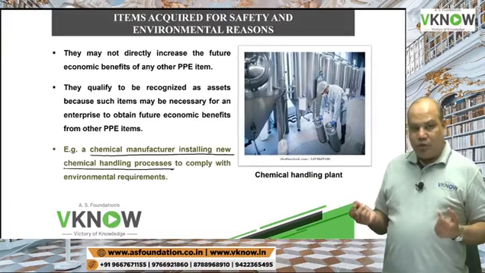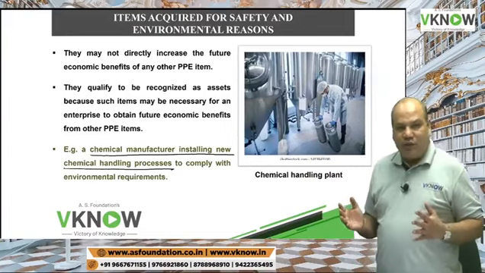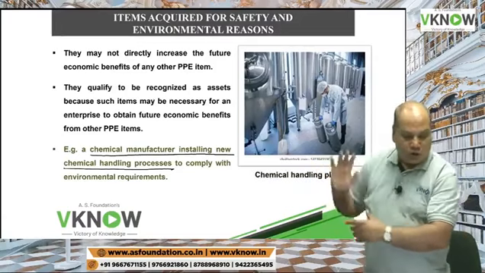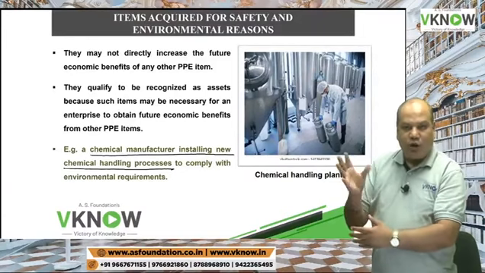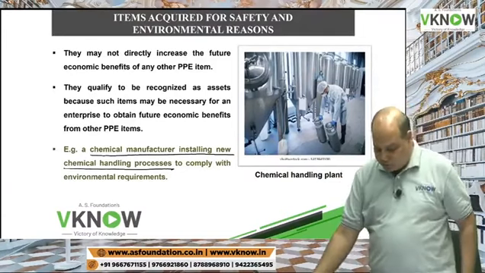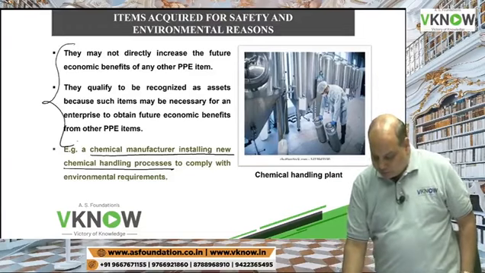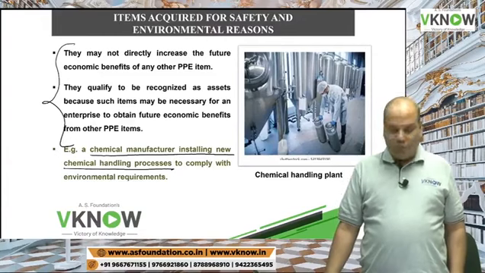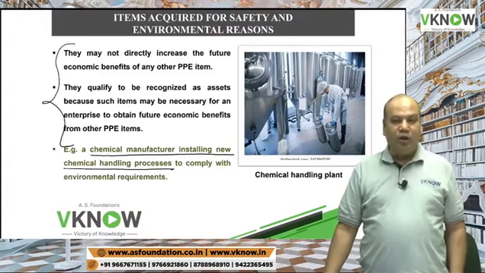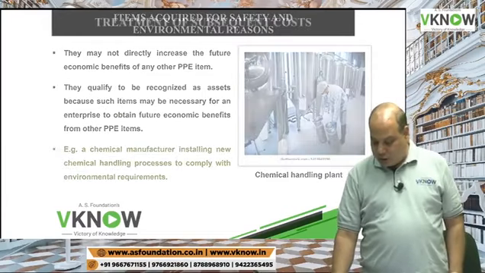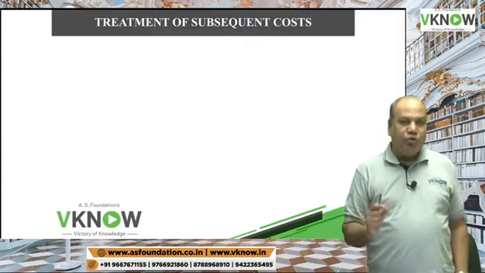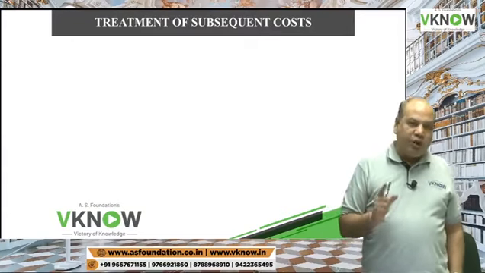Theoretically speaking, such assets for safety and environmental reasons, like the fire extinguisher in our office, don't really meet the definition, but the standard makes an exception: even such items will be treated as property, plant and equipment. So items for safety like fire extinguishers, items for environmental protection like chemical handling plants, may not themselves give future economic benefit, but their presence is required so that the company can operate, and therefore they are also PPE items.